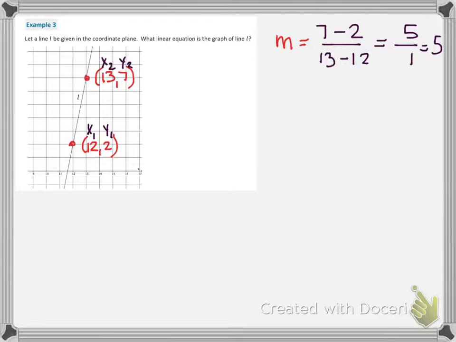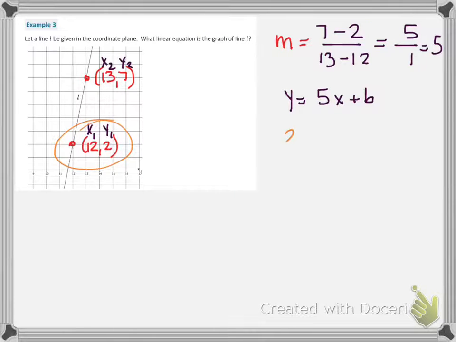And then I can plug that into my equation. Let me just write that again. Y equals m, that's 5, times x plus b. And let's substitute some values for y and x. I can use either one of these ordered pairs. So I'll choose that one.